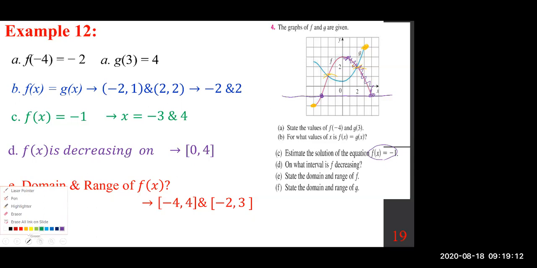Let's see. We are looking at the red function, the f function. If you look at this last one, this covers from here to here along the x-axis, and you can figure out along the y-axis from here to here.